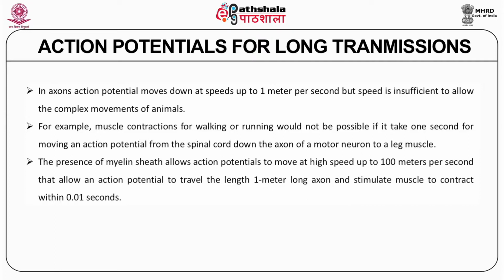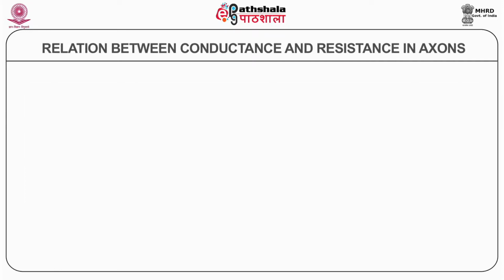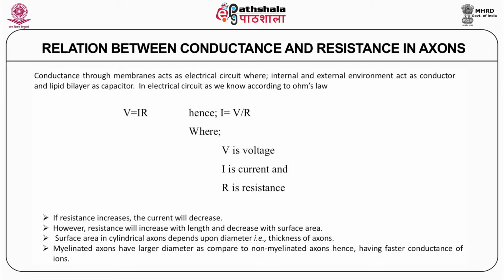It is the presence of the myelin sheath which allows the action potential to move at high speed, up to 100 meters per second, which allows an action potential to travel the length of a 1 meter long axon and stimulate a muscle to contract within 0.01 seconds. Now coming to the basic rules of conductance and resistance, which also apply in axon physiology.